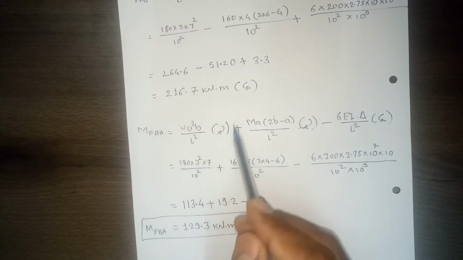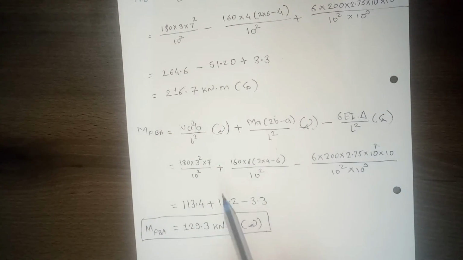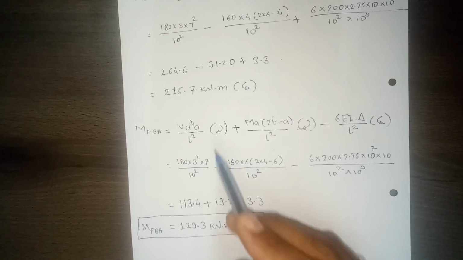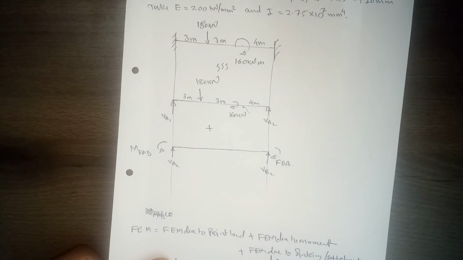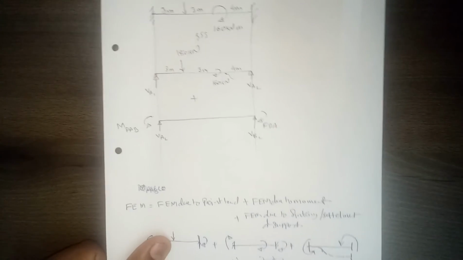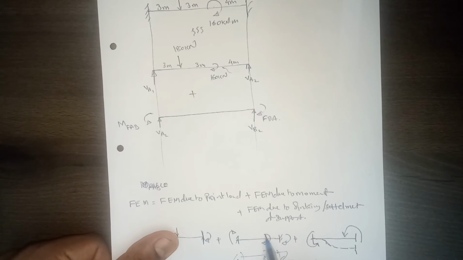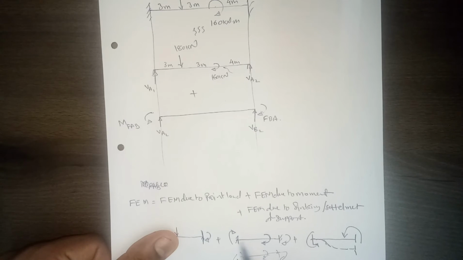Now at point B, definitely we should consider clockwise positive, so your answer will be positive. This is the fixed end moment due to the point load, and it is in clockwise direction. Here also this is in clockwise direction. For this problem you remember, if the moment is acting clockwise, this support moment will also be clockwise.